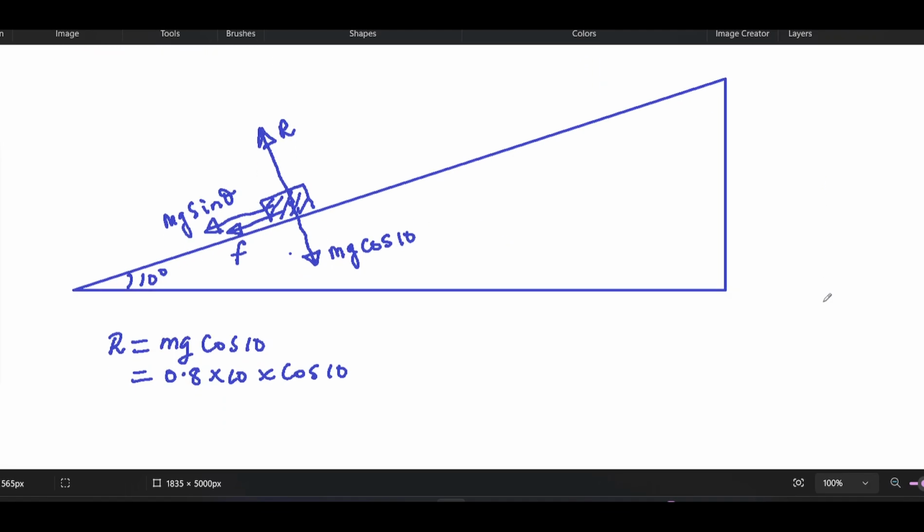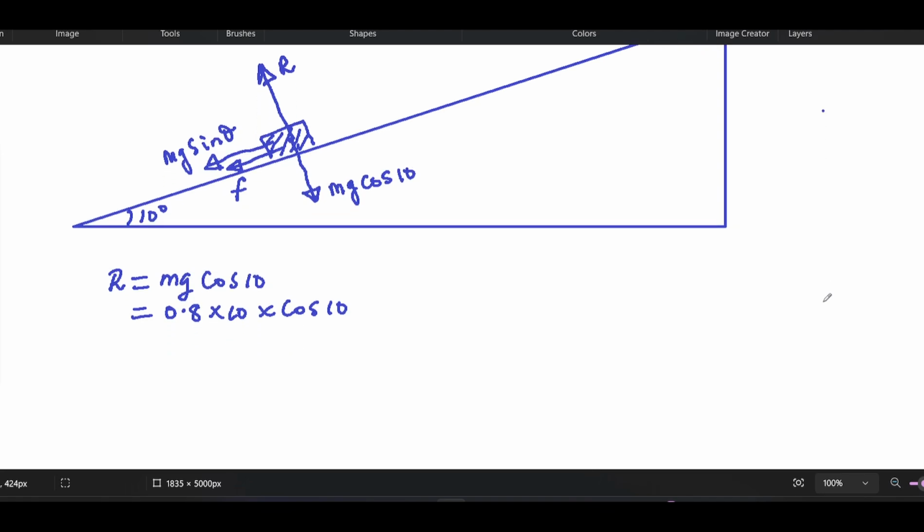Now, as far as the parallel component of the motion is concerned, there is no force in the forward direction. And so because there is no force in the forward direction, if we wanted to write Newton's second law for this particle, the resultant force is supposed to be equal to the mass times the acceleration.